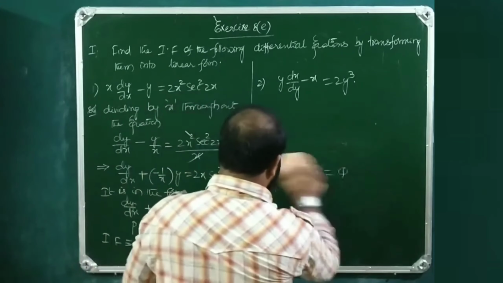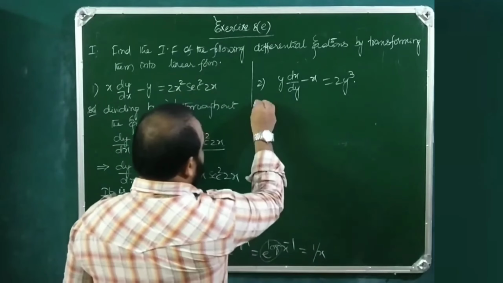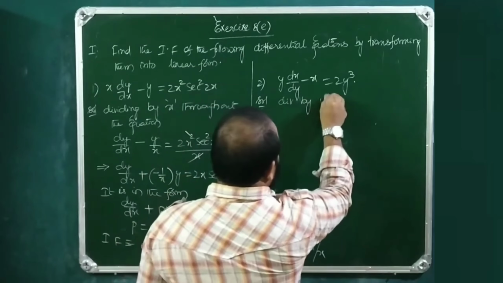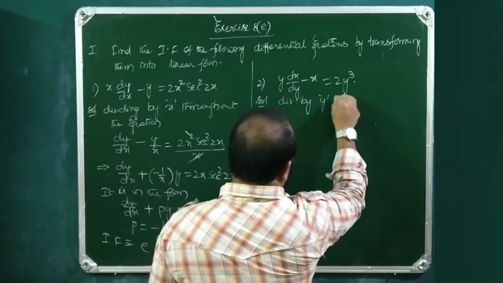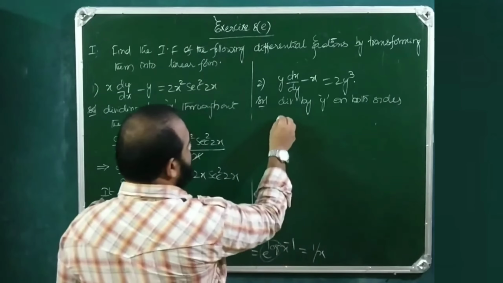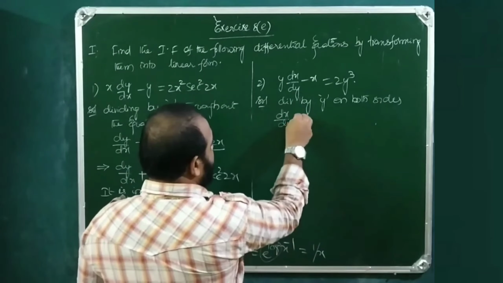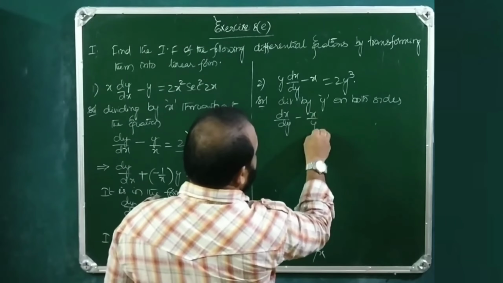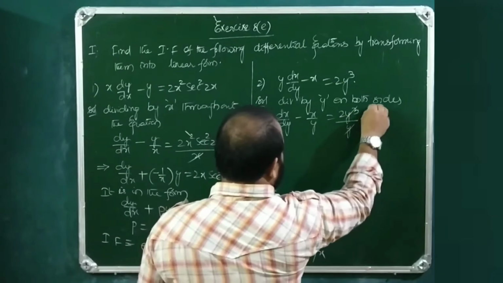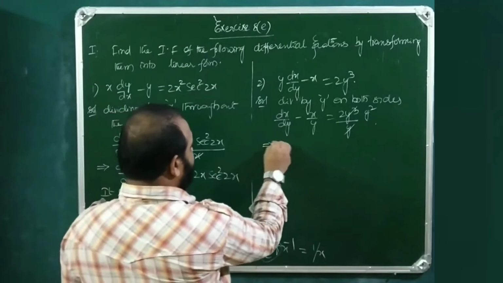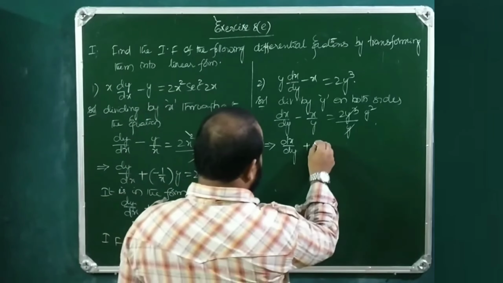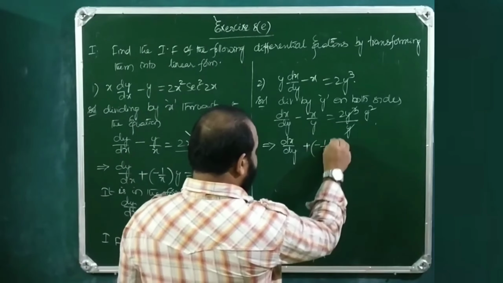So dividing by y on both sides, this equals dx by dy minus x by y equals 2y cube by y, that is y square. So this equals dx by dy plus minus 1 by y into x.